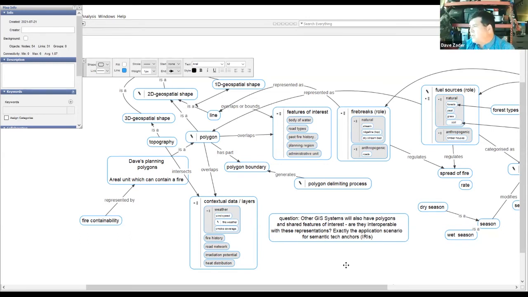Yeah, and one of the things is that there are categories of road types: you have highways, you have state roads, you have state highways, you have local roads, you have driveways, and those all have attributes to them, in their width or how they're constructed, what their design standard is.